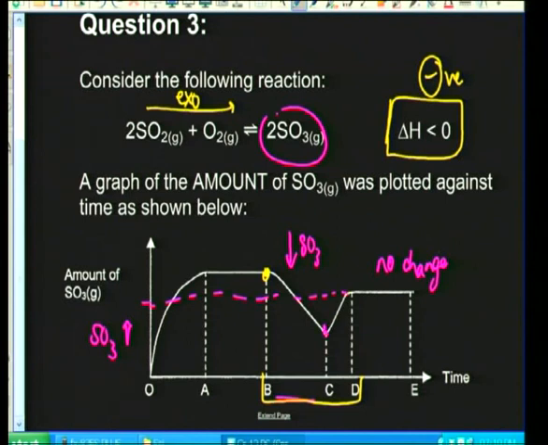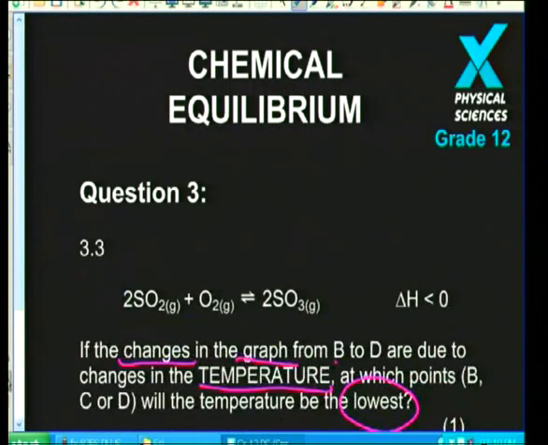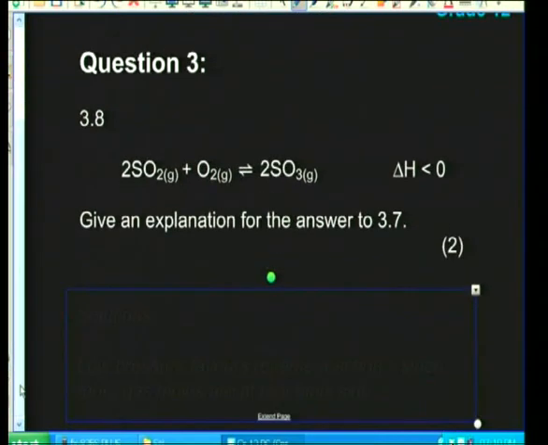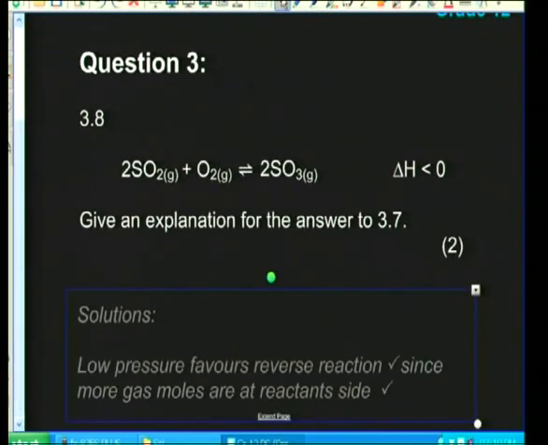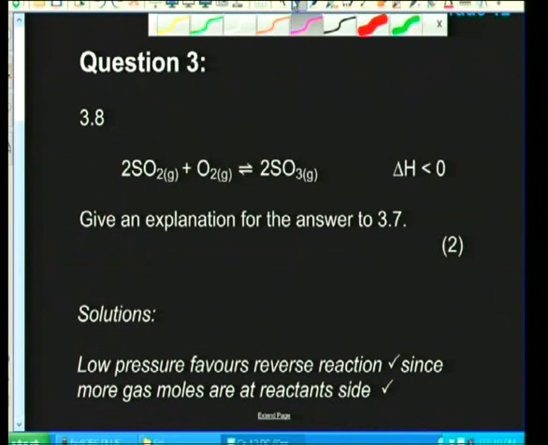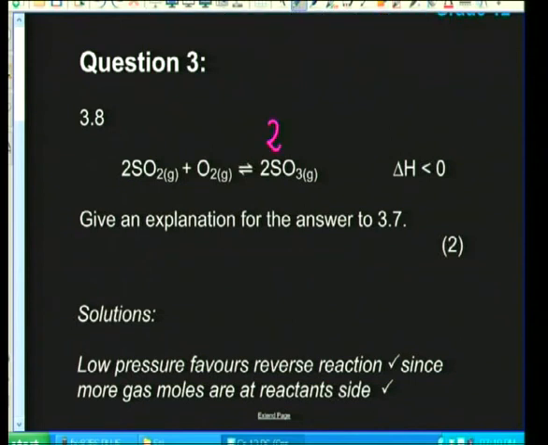And let's have a look at that. The lowest pressure is going to be found, and excuse the fact that I'm jumping a lot, when we would want to have, and I just want the words in front of you, a low pressure would favor the reverse reaction. Notice again, and I'll just jot these down for you, it was 2 moles on the right-hand side, but 3 moles on the left-hand side.